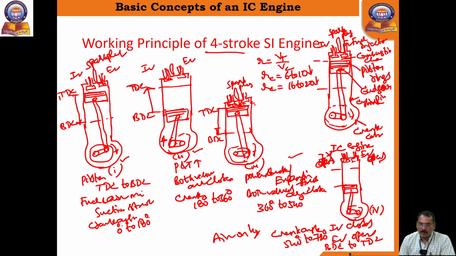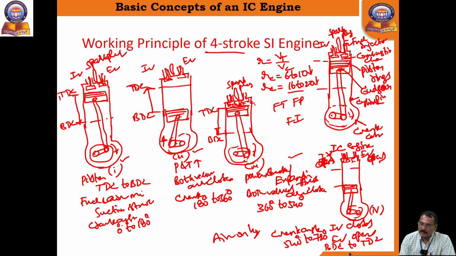But how the power stroke is produced in the case of the diesel engine means, as we know that diesel has high compression ratio, at the end of the compression stroke, the fuel enters into the engine cylinder from fuel tank to fuel pump, fuel pump to fuel injector.